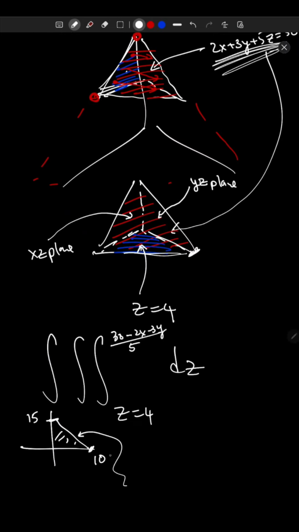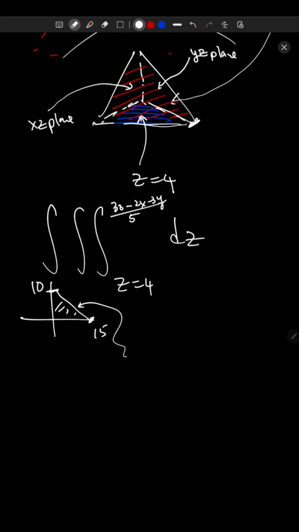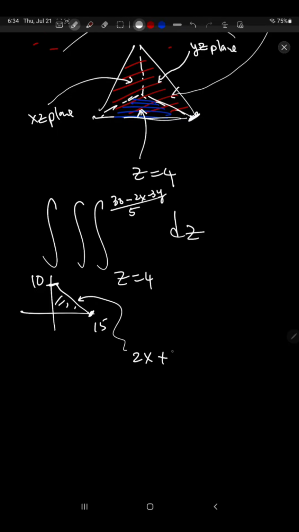Let me take a look here. Sorry, that one's the x, that one's the y. So it should be 15 and 10. Okay, so this would be something like 2x plus 3y equals 30.